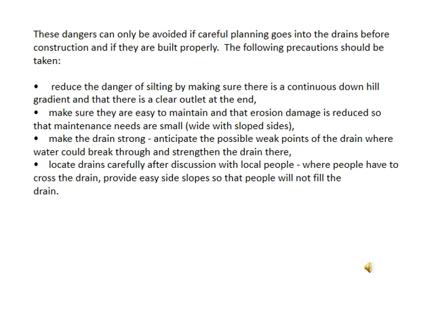In this case, the following precautions should be taken to reduce the danger of silting: make sure there is a continuous downhill gradient and there is a clear outlet at the end. Make sure that they are easy to maintain, that erosion damage is reduced so that the maintenance needs are small, and wide with a gentle slope side.